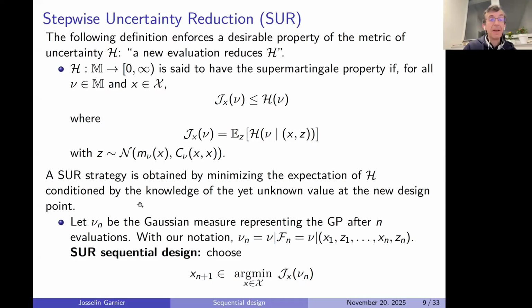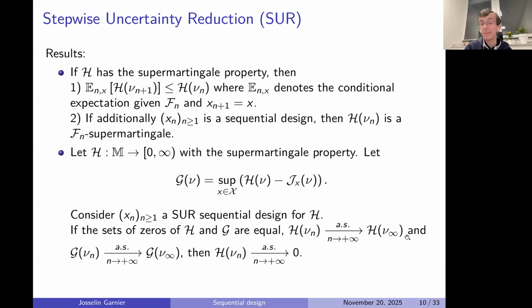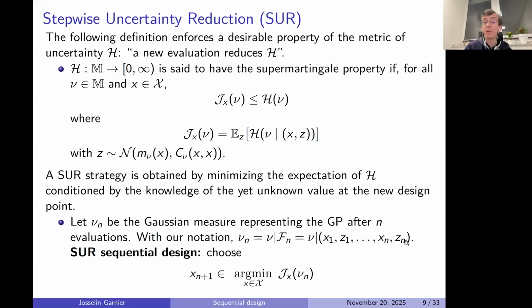And with that, I will be able to define exactly what is the Strur strategy. The idea is that we are at step n with a Gaussian measure nu n. So remember, nu n is the original measure nu conditioned by the observation up to step n. A sequential design will choose xn plus 1, which minimizes this quantity.